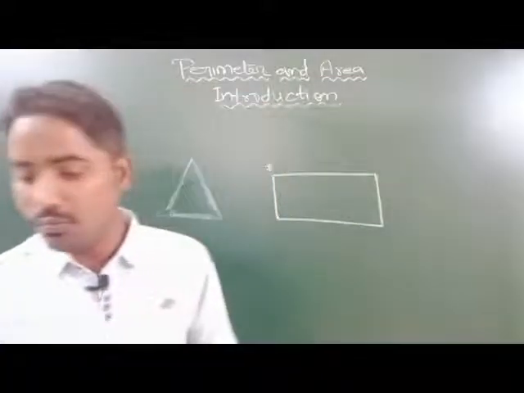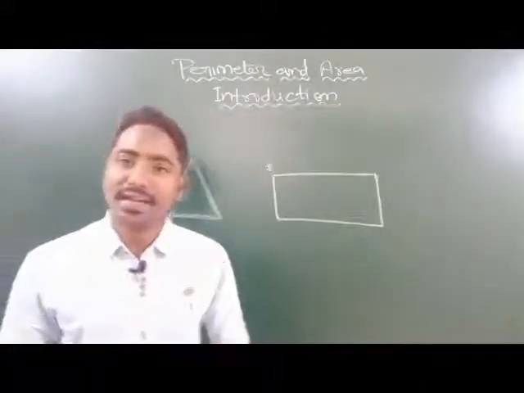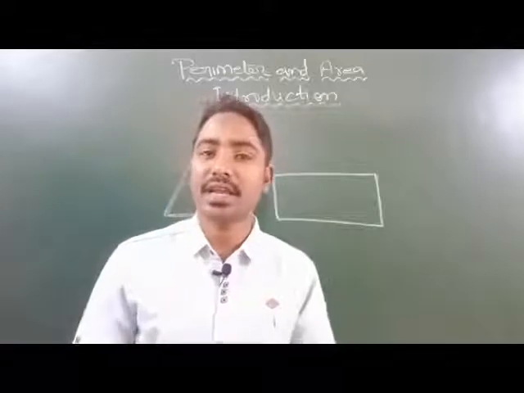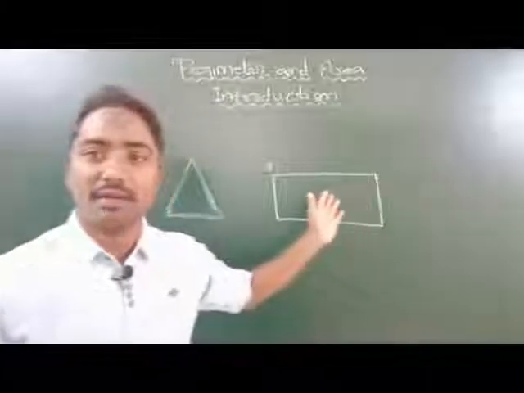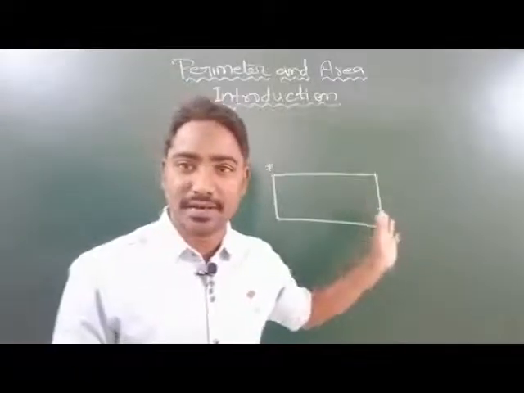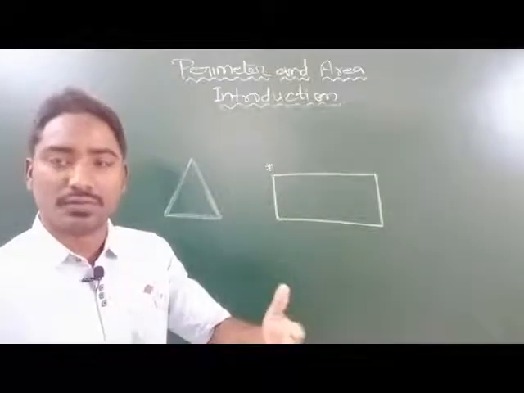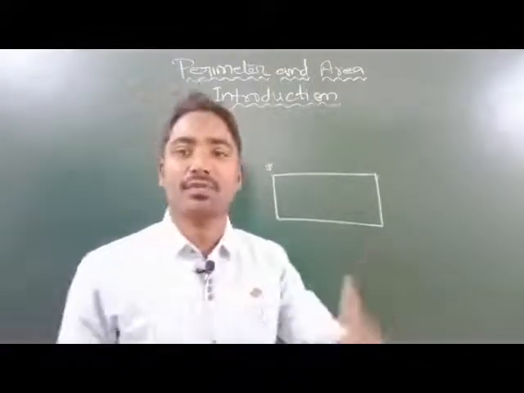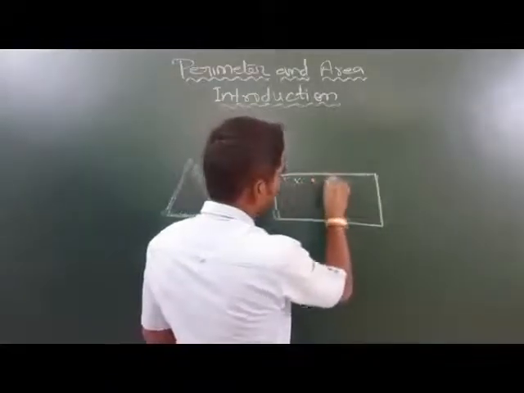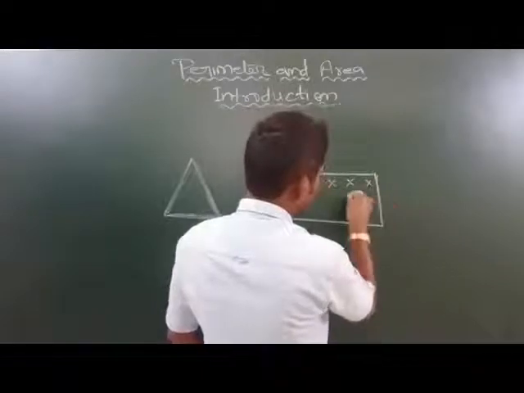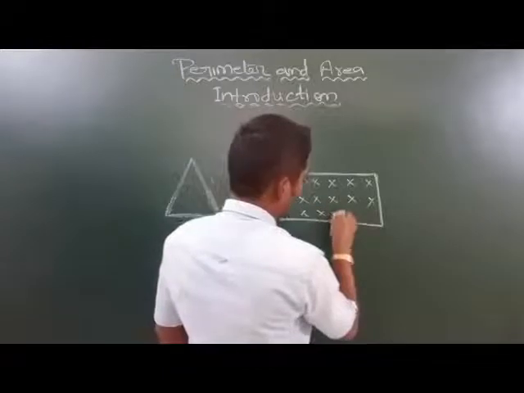Now moving to the next topic, students, that is area. When we are finding the area, students, we are getting the inner portion of that enclosed figure. Suppose here our considered figure is a rectangle. When we are calculating the area of the rectangle, we are getting this portion as our area.